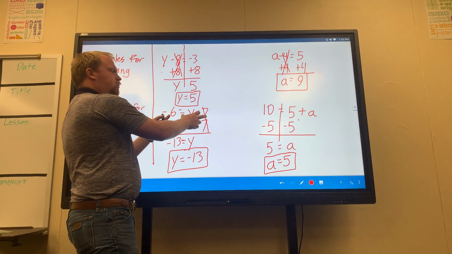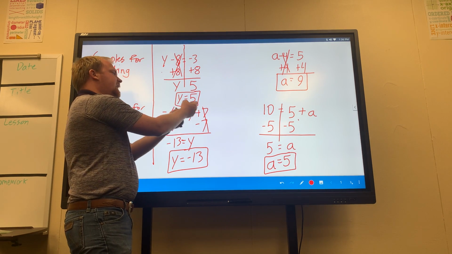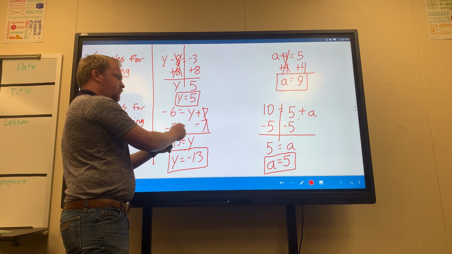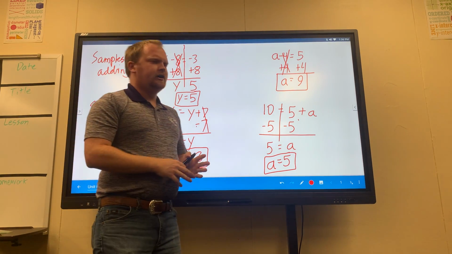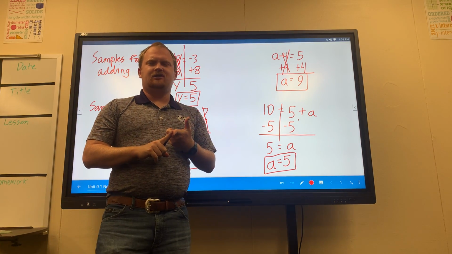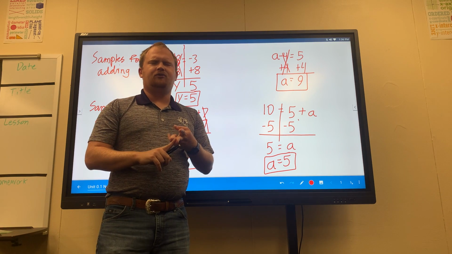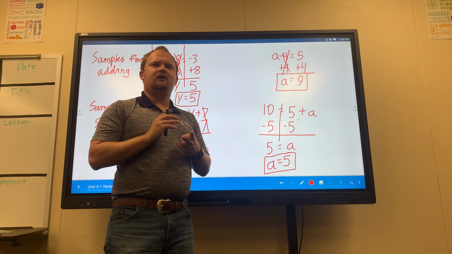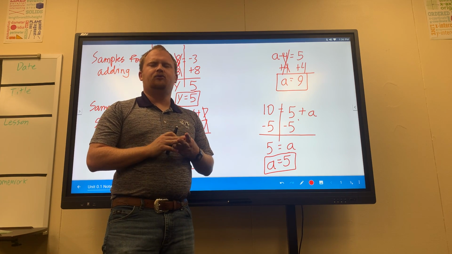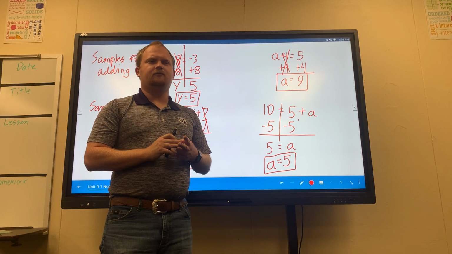But if the original problem is adding, I've got to subtract from both sides. Okay? So just be aware that the opposite of addition is subtraction, and the opposite of subtraction is addition. As long as you do the opposite of the operation in the equation, you will be able to solve the equation itself.